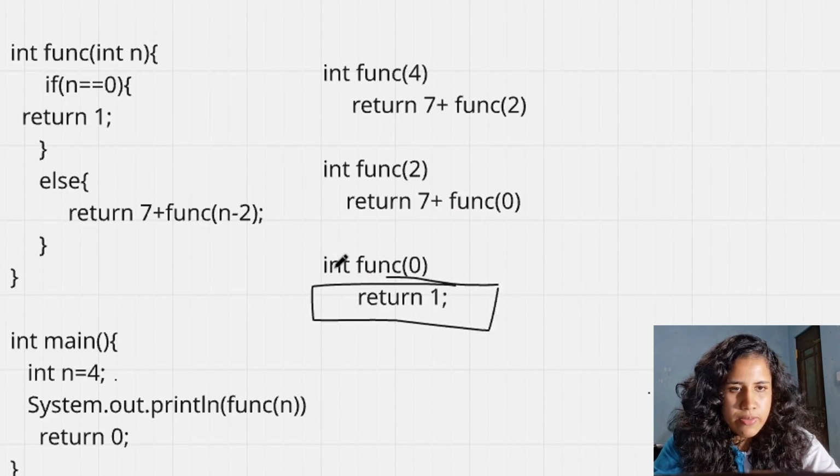So 7 plus 1 is 8. So function 2 returns us 8.